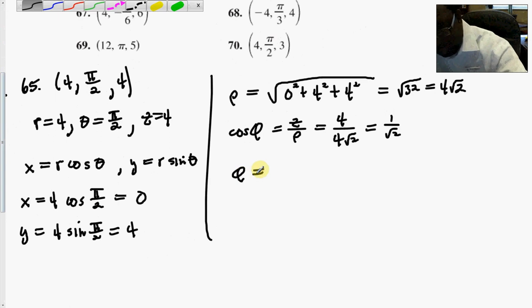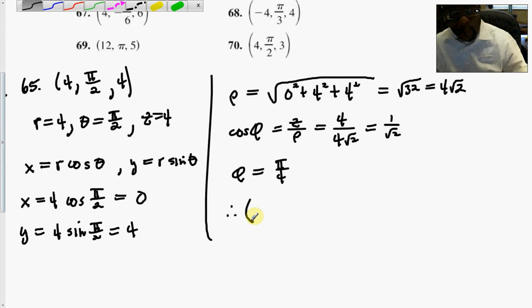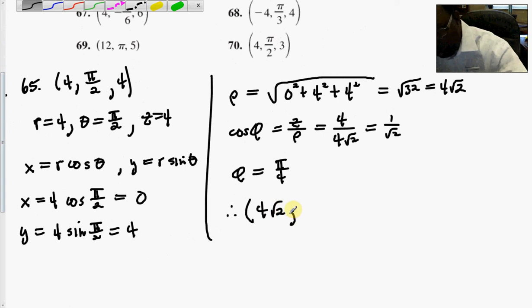And so phi is equal to pi over 4. So the point in spherical coordinates, rho comes first. So this is 4 times the square root of 2, comma, theta, that's given, pi over 2, comma, phi, we found that to be pi over 4.